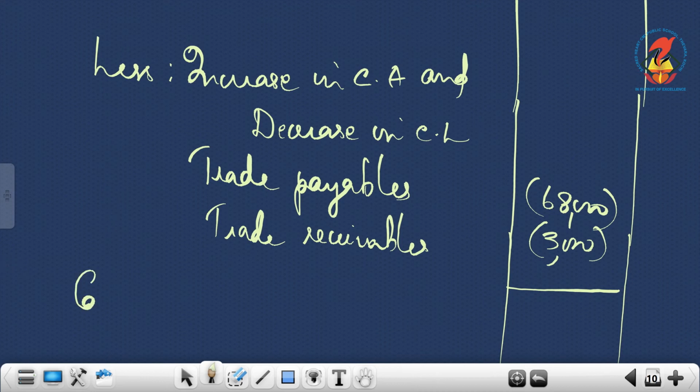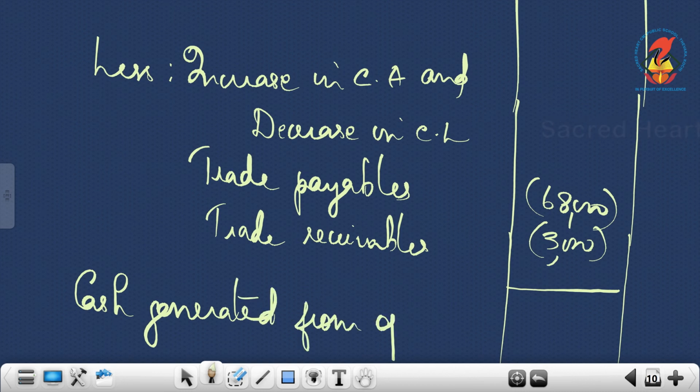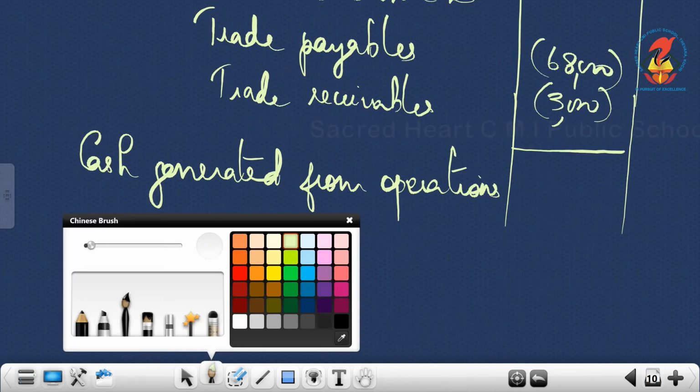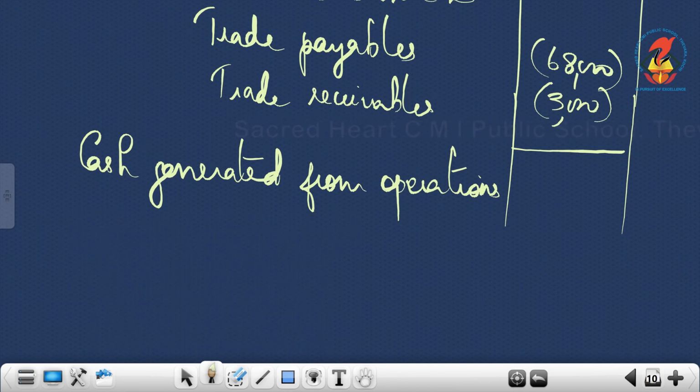So now what we get will be written as cash generated from operations. Cash generated from operations is 2,12,000.